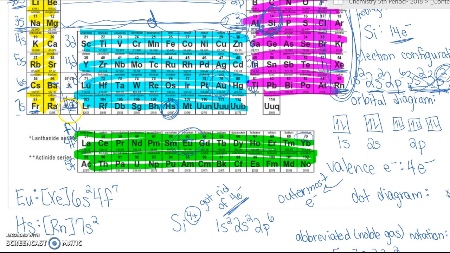Now at this point, remember, don't go straight into 6d. You're going to hop down to 5f right here. Remember, f's can hold a maximum of 14. There's 14 there. Then once we get to here, we're popping right up here. So that's your 6d. And then just count in 1, 2, 3, 4, 5, 6.